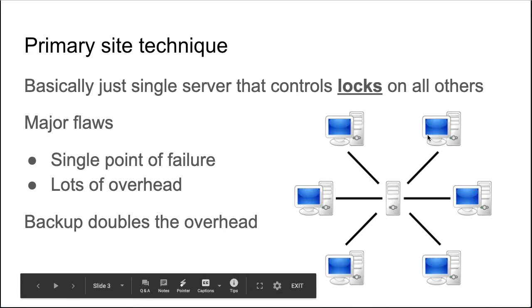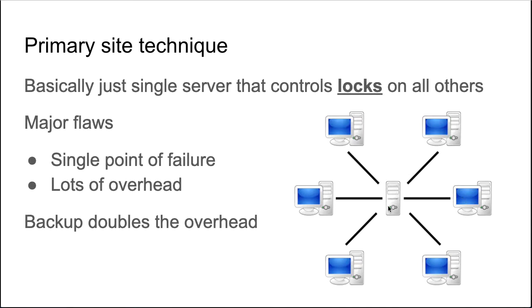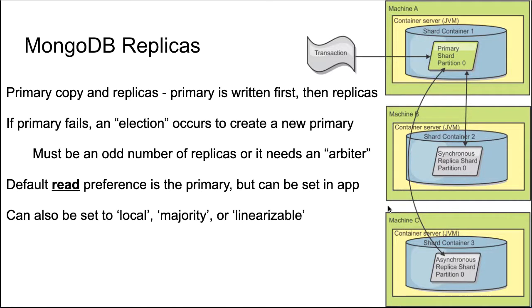So ideally you have an odd number so that there's always a majority, but you can have an arbiter machine. But basically what happens is they decide based on speed of connection and size and a whole bunch of other things that we're not really worried about, to elect a new primary server.